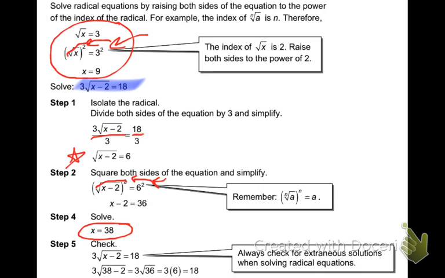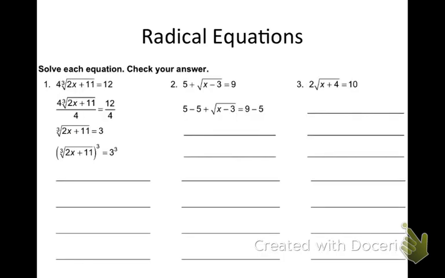So the first problem here, number 1. Solve each equation. Number 1 is 4 cube root of 2x plus 11 equals 12. Notice the first thing we did is we divided by 4, so we get the cube root alone. That is the key step to these. You have to get the square root or the cube root, the radicals, alone first.